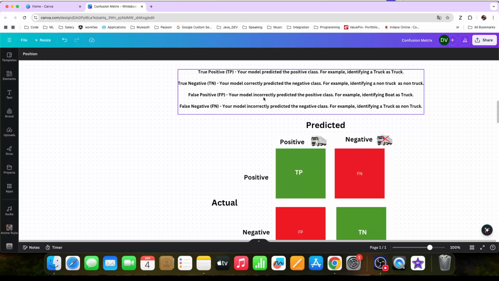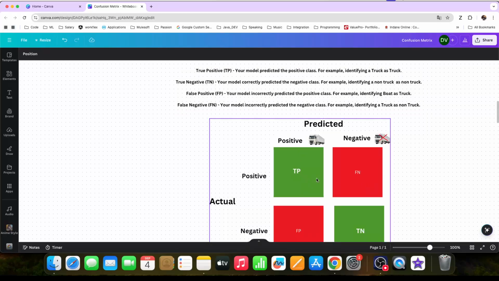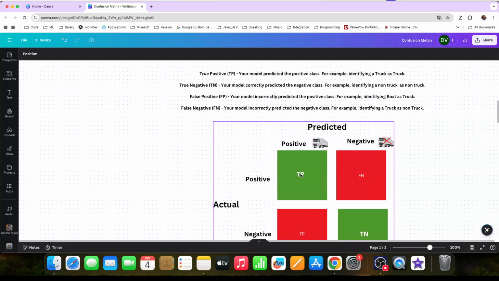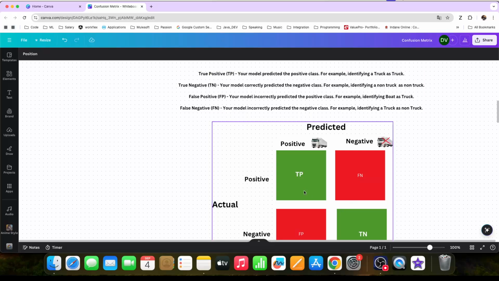Basically, in all these square boxes you will be putting the count of actual predictions. The true positive square indicates how your model predicted positively: the image you passed was positive, which means the image was actually of a truck, and your model is also saying yes, it's a truck.